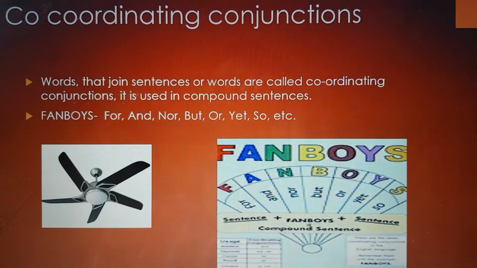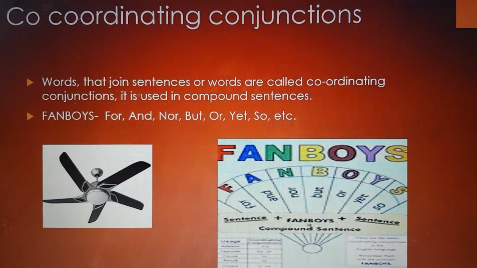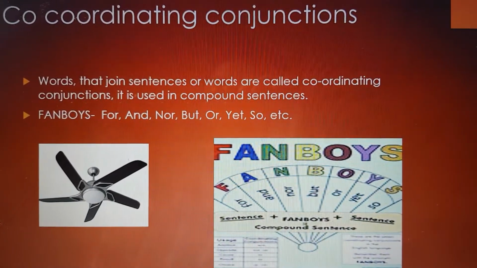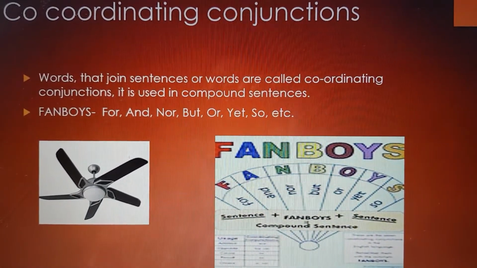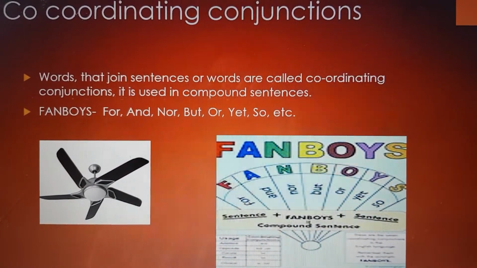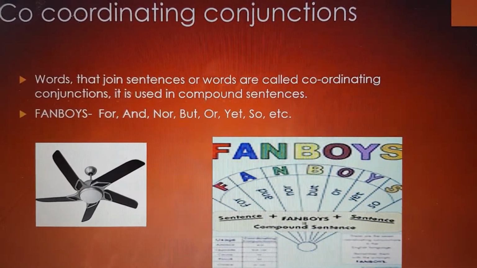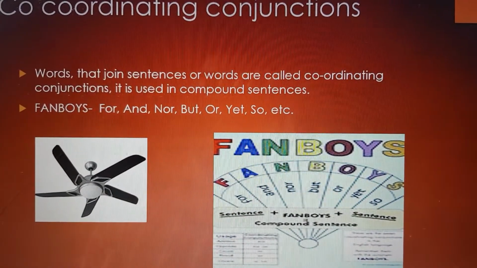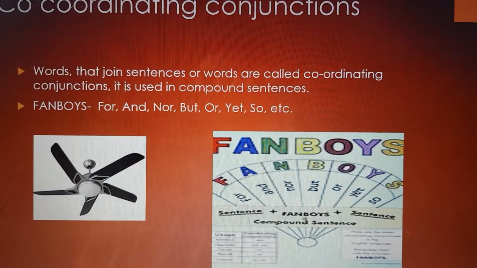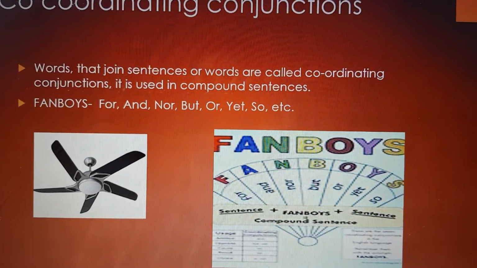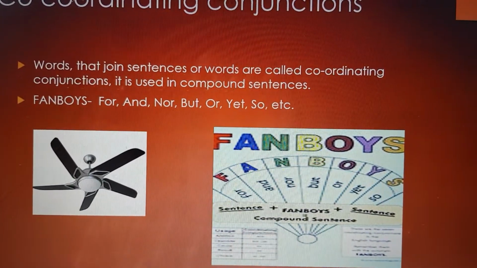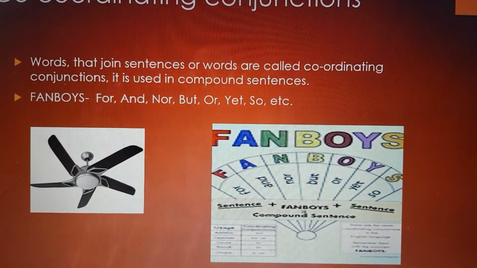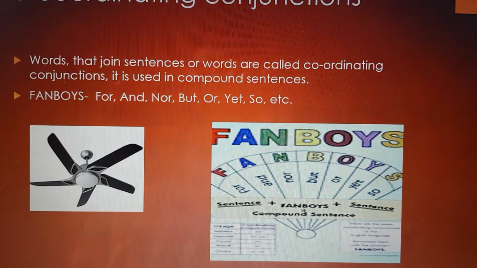Like if you look at this slide, it is very interesting for you, because you can remember the coordinating conjunctions. By this you will identify whether it is a coordinating conjunction or a subordinating conjunction. Words that join sentences or words are called coordinating conjunctions. They are used in a compound sentence. So all of these conjunctions are used in compound sentences: for, and, nor, but, or, yet, so.